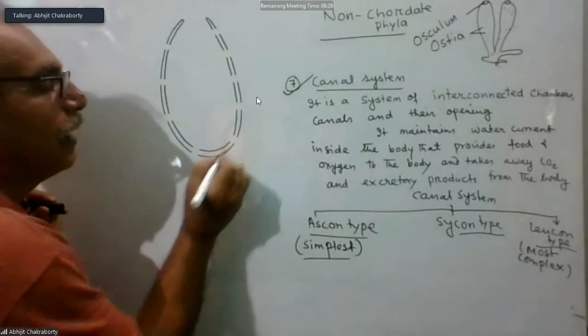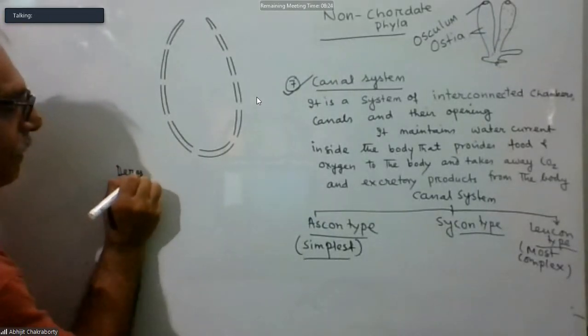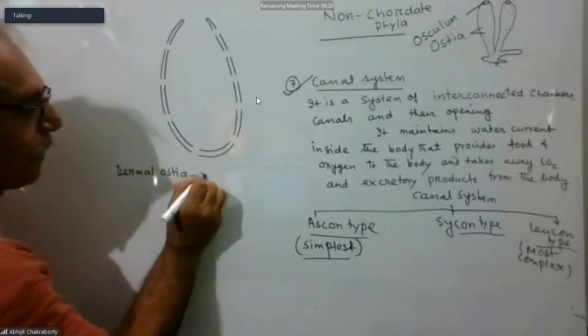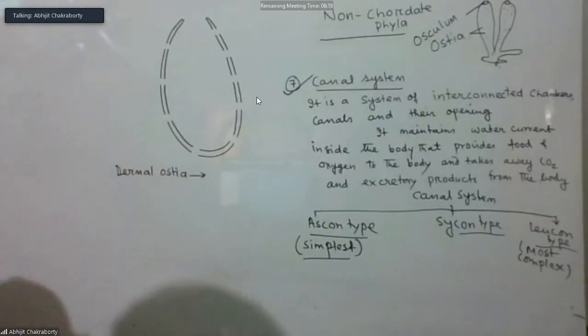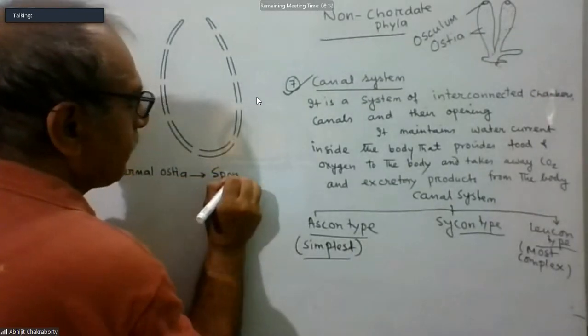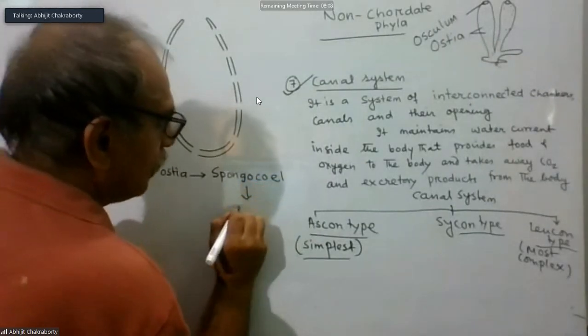So they are the dermal ostia. From the dermal ostia, water moves to the spongiocele, then to the osculum.